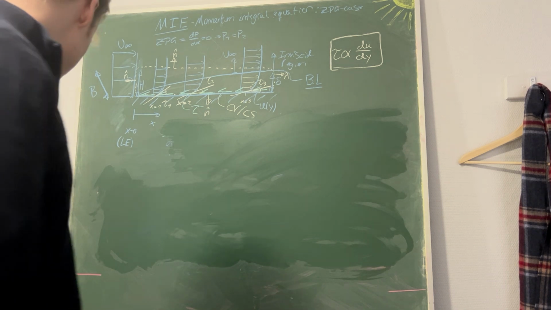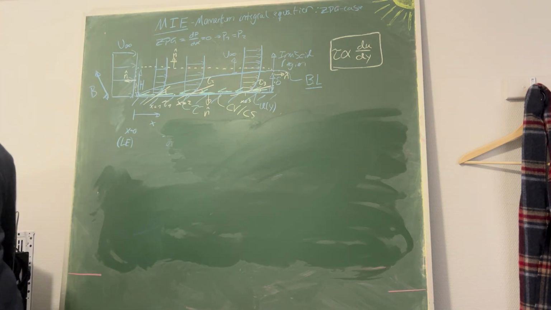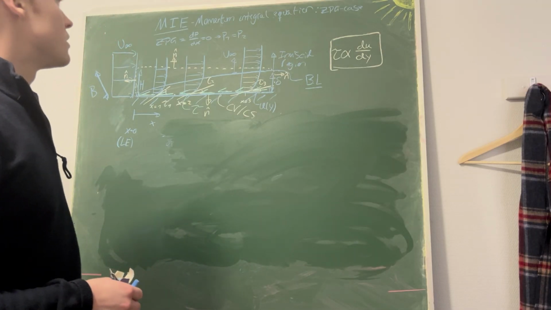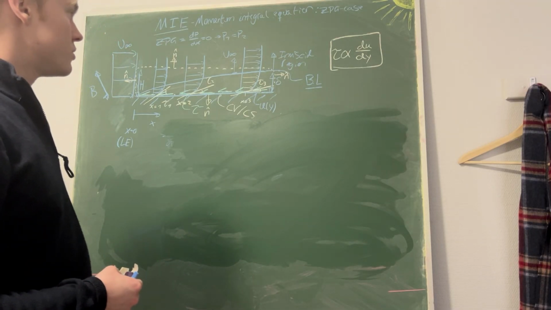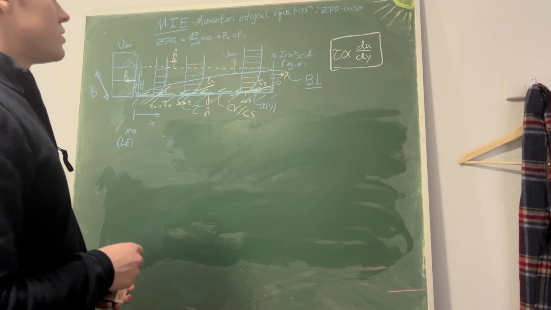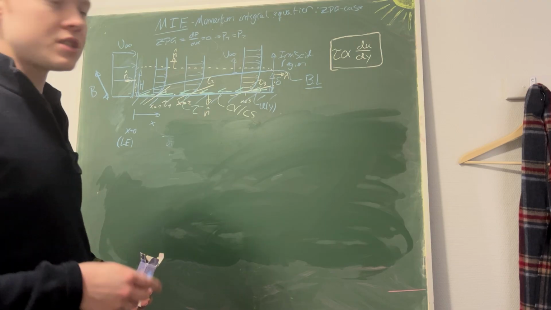Okay, so let's quickly go over why I said that u infinity is constant here. Well, one way is to use the Euler inviscid flow.